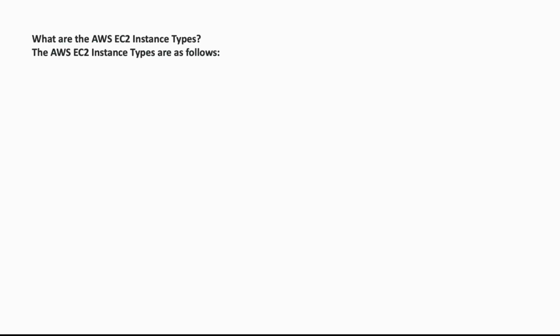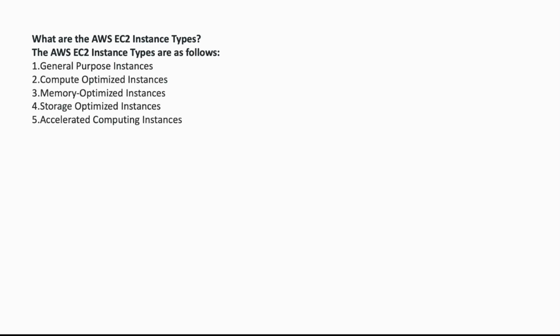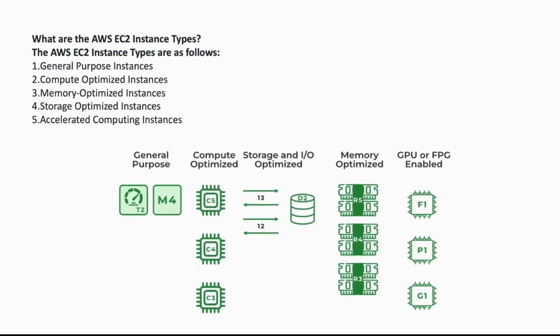So what are the AWS EC2 instance types? These are the AWS EC2 instance types: general purpose instances, compute optimized instances, memory optimized instances, storage optimized instances, and accelerated computing instances. These are very important for the purpose of certification. They'll be asking you these. So what is a general purpose instance?